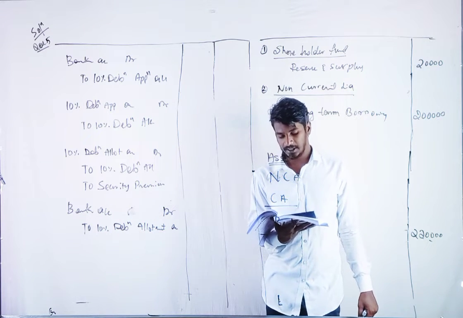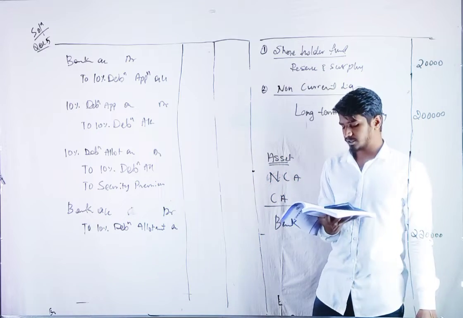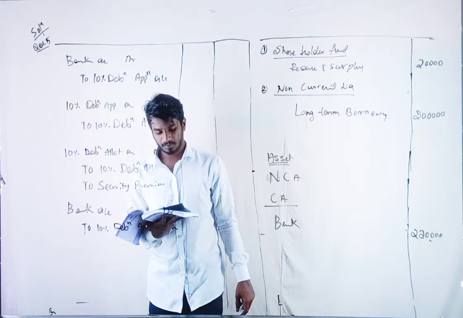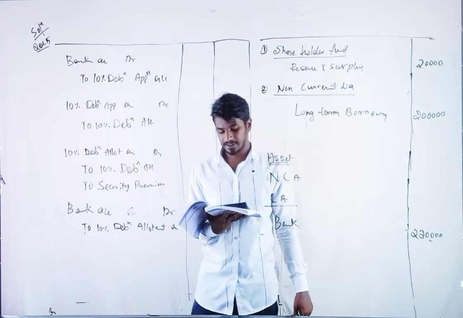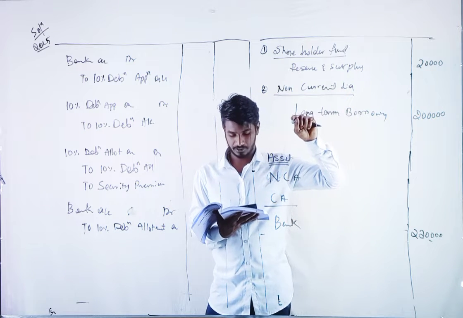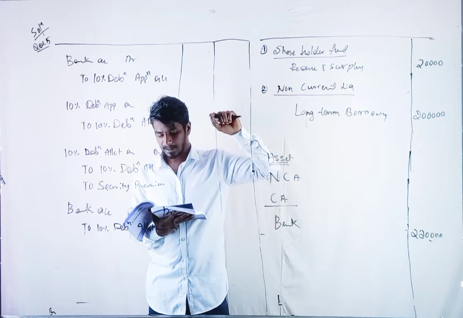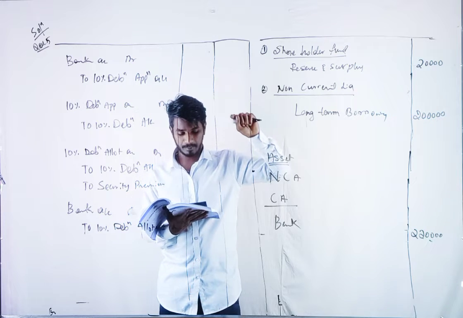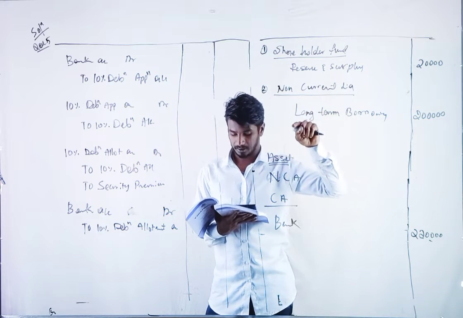XYZ Limited issued 10,000 debentures, 12% debentures of rupees 100 each, payable rupees 40 on application and 60 on allotment. The public applied for 14,000 debentures. It is oversubscription. We have issued 10,000 debentures, and the public applied for 14,000 debentures.